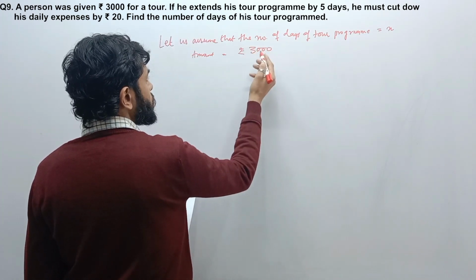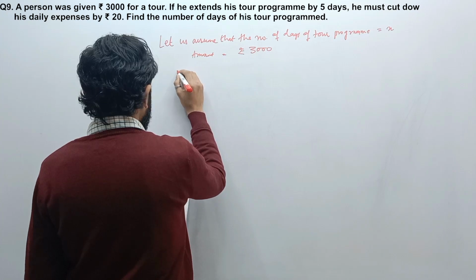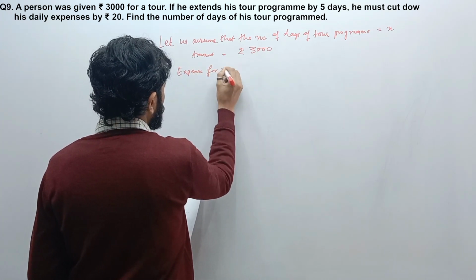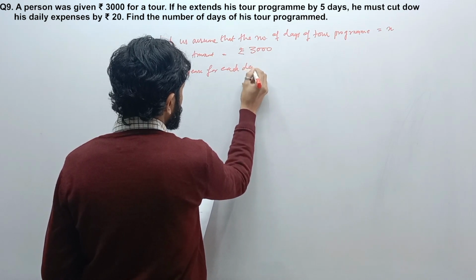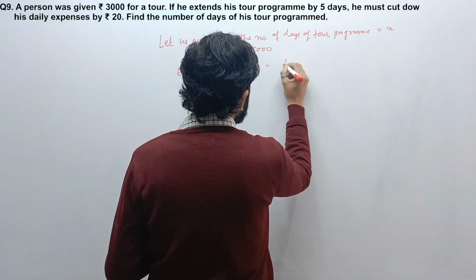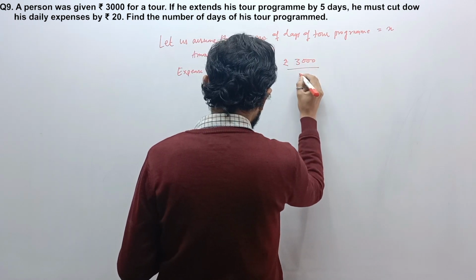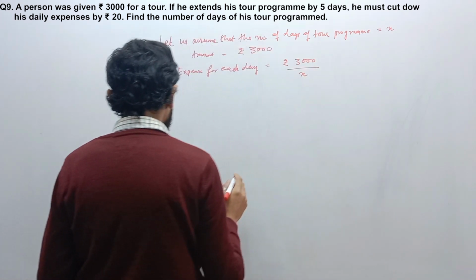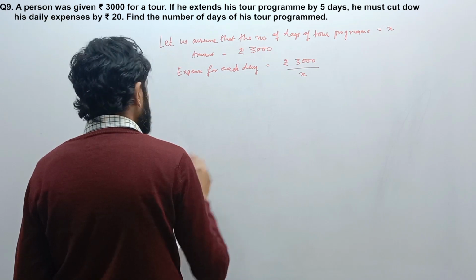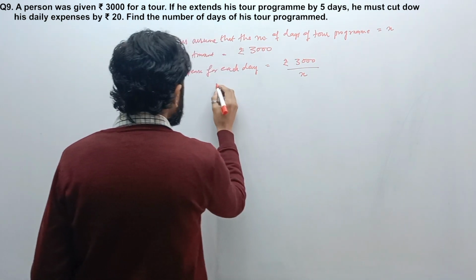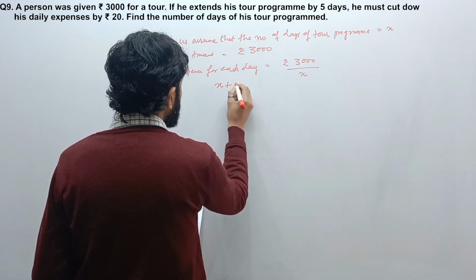Now according to this condition, the expense for each day would be rupees 3000 divided by the total number of days. Now as it is given in the question that he has to extend his tour program by 5 days, the total number of days would be x plus 5.